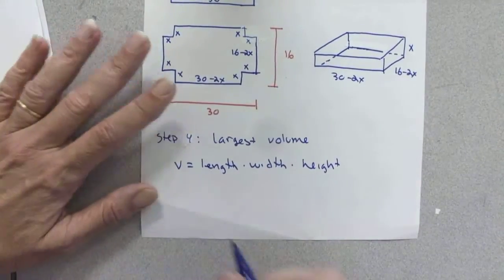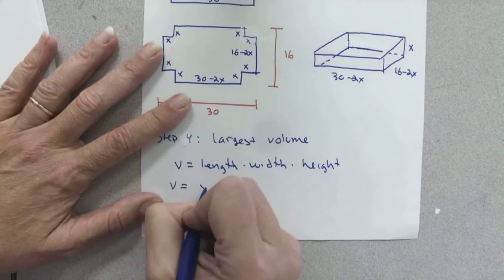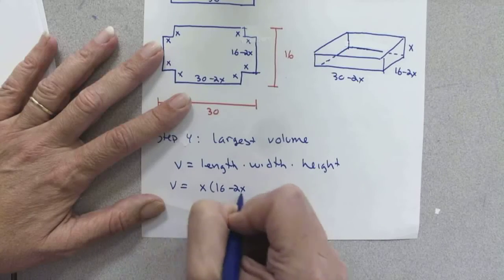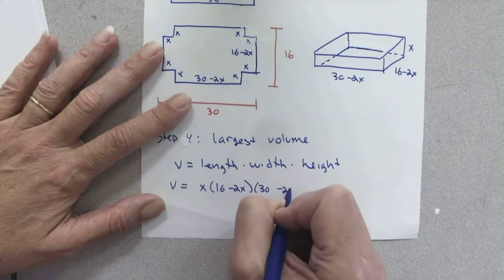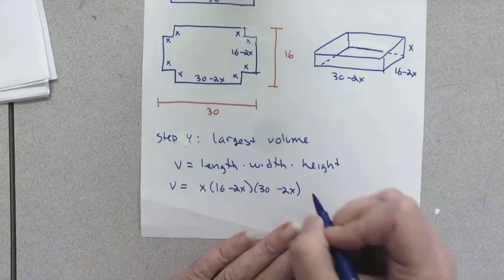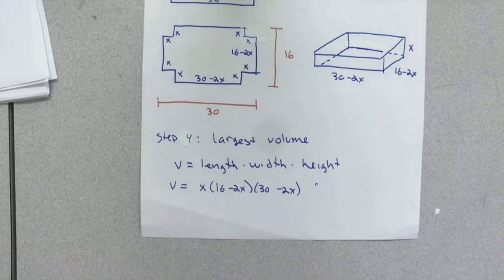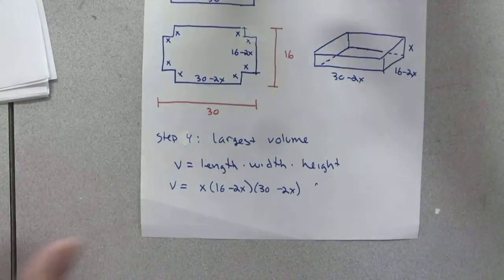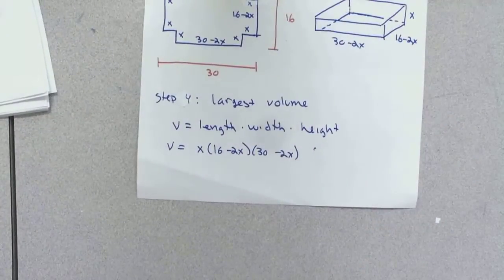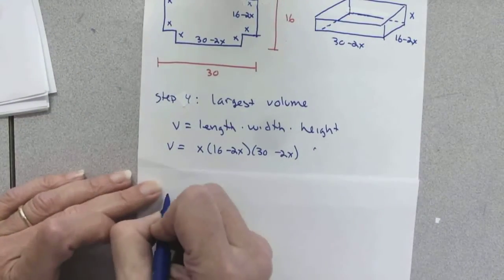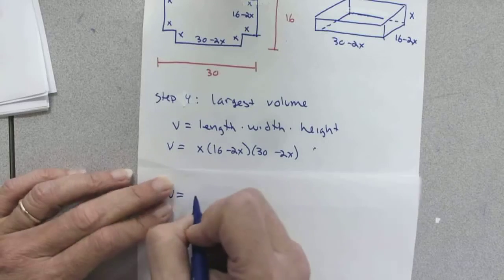And so we are going to get that volume is x times 16 minus 2x times 30 minus 2x. I'm going to go to another piece of paper because we're almost out of room there. Copying that down again.